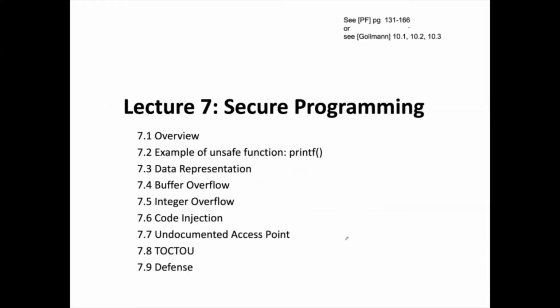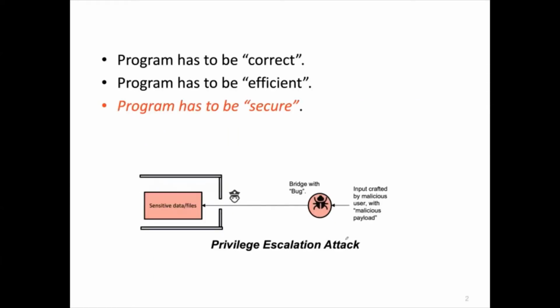Last week we went through this particular access control model where a user of low privilege can indirectly access a sensitive file through a bridge. The bridge has elevated privilege.